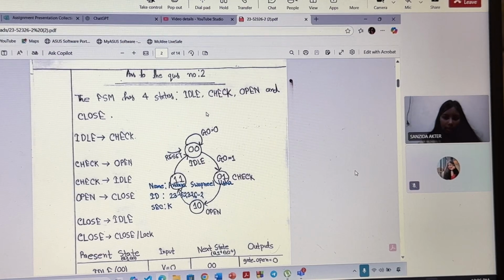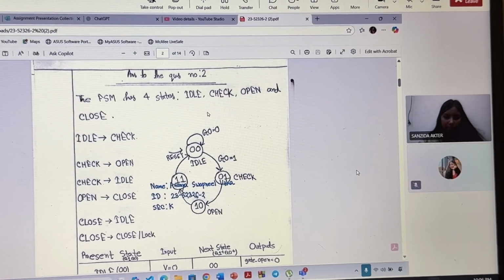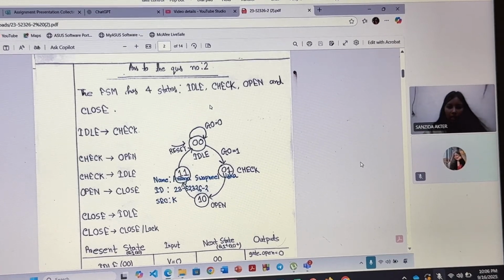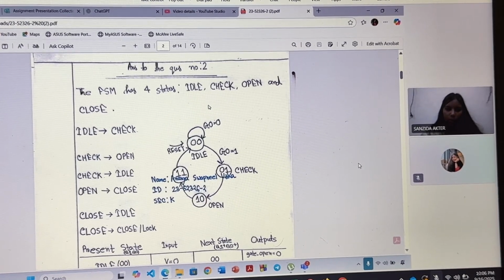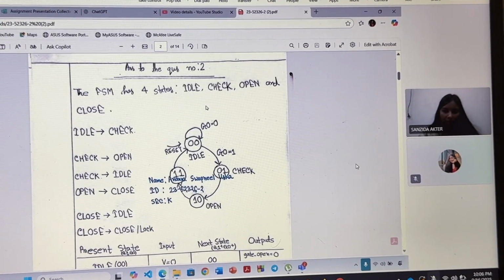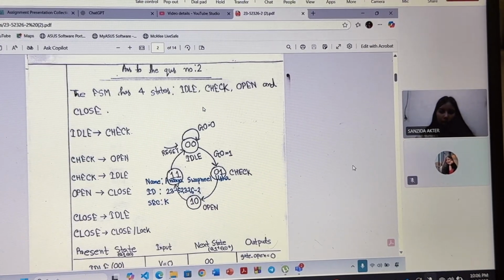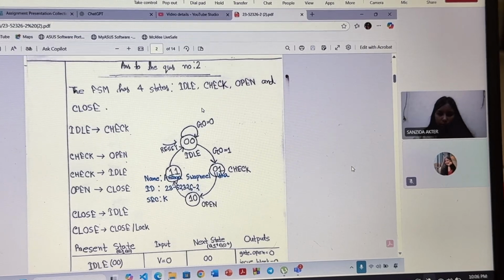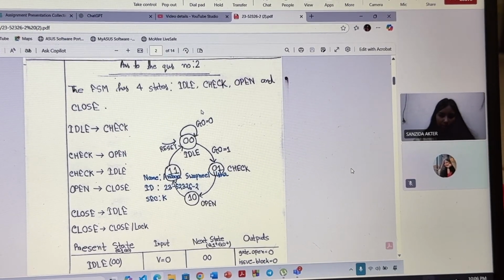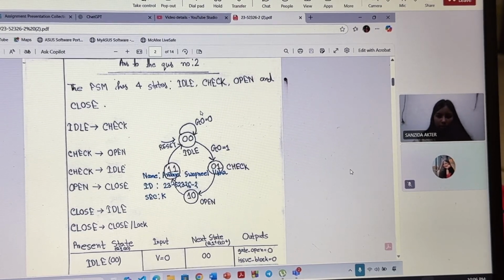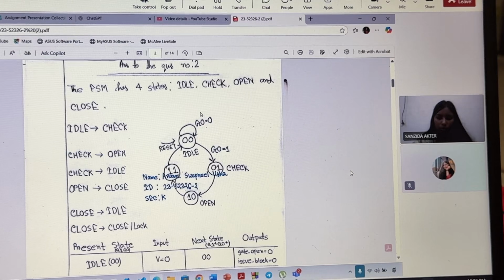The second question asked me to explain the FSM transitions between states idle, check, open, and close, and implement them in Verilog. I use two flip-flops to represent 4 states with binary codes. Idle equals 00, check equals 01, open equals 10, close equals 11.